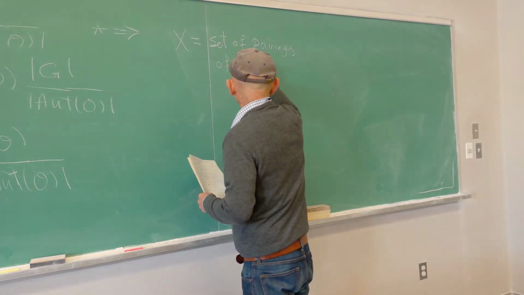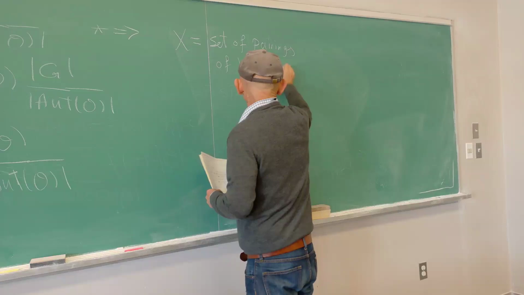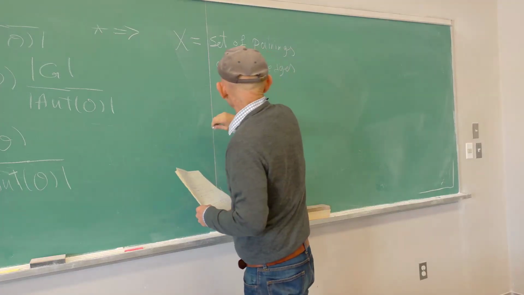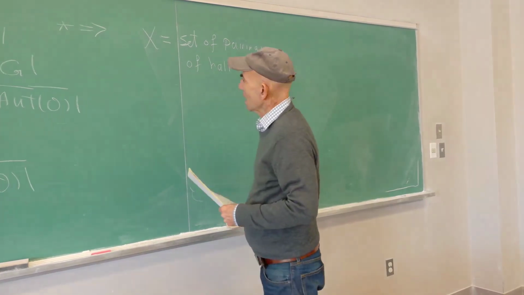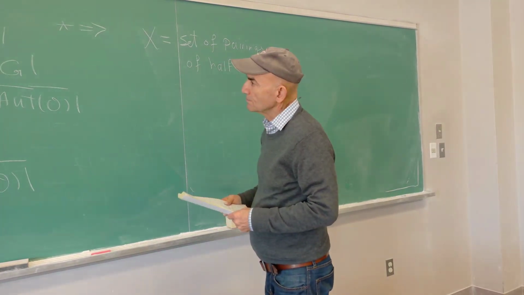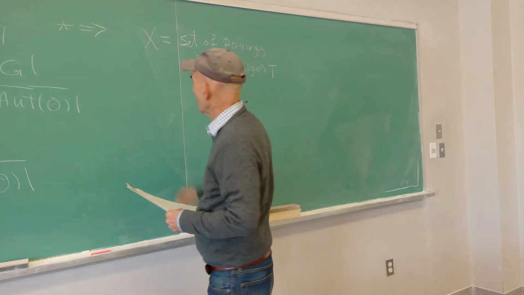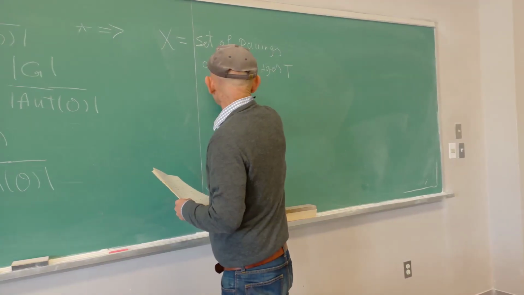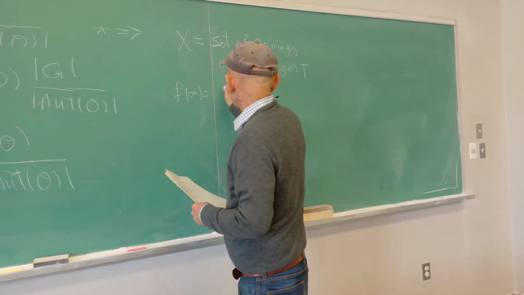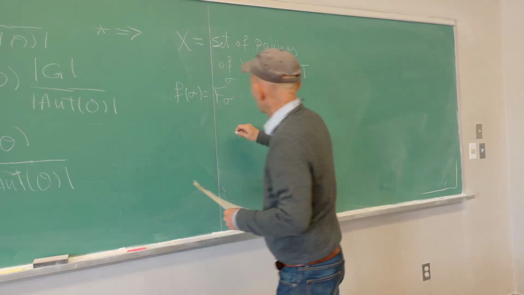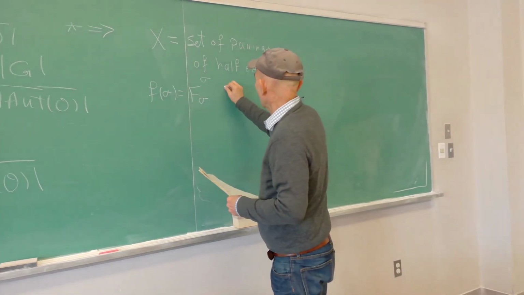So in that case, this is like sigma, and f of sigma is the Feynman weight of the pairing.